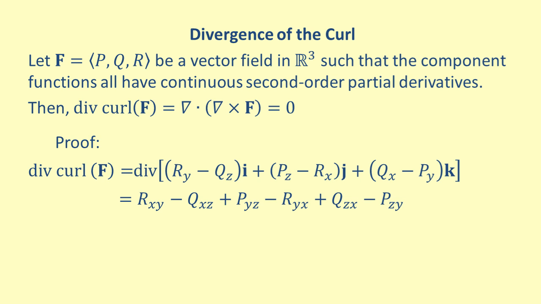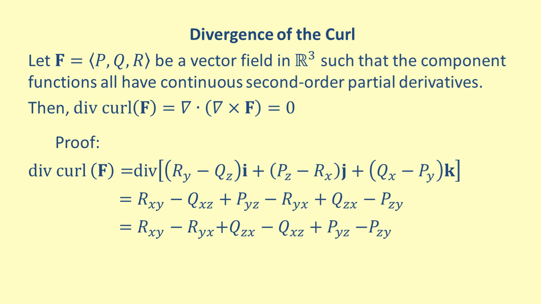This gives us R sub xy minus Q sub xz plus P sub yz minus R sub yx plus Q sub zx minus P sub zy. Rearranging this, we have R sub xy minus R sub yx plus Q sub zx minus Q sub xz plus P sub yz minus P sub zy.